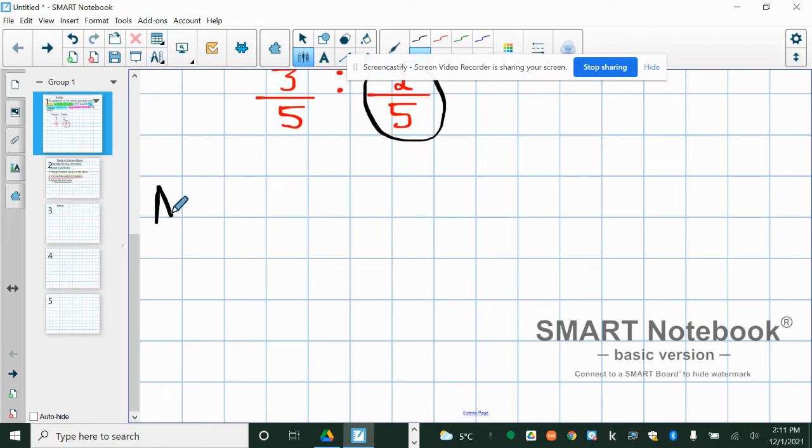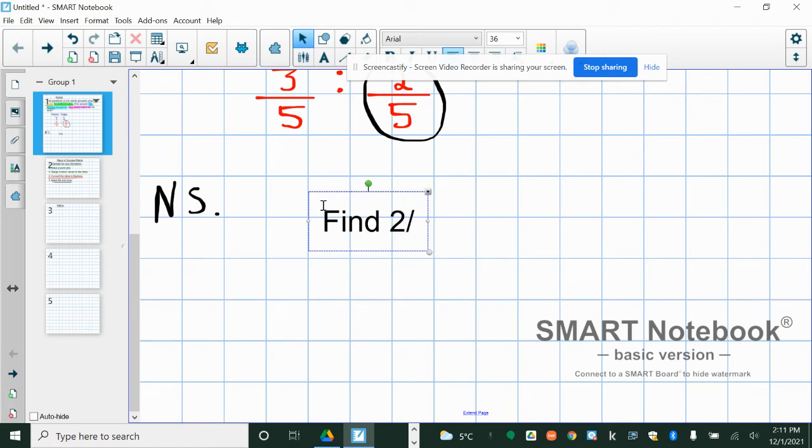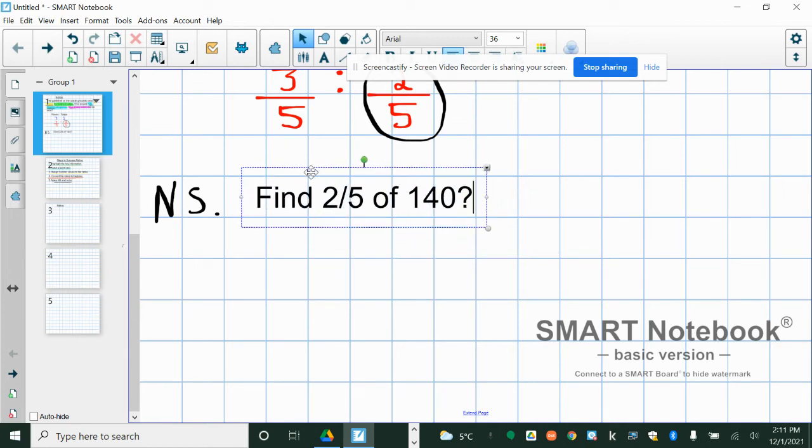So, my number sentence, or my NS in this case, should be find 2/5 of 140. That's the correct number sentence. All that remains to be done is to go ahead and do that.